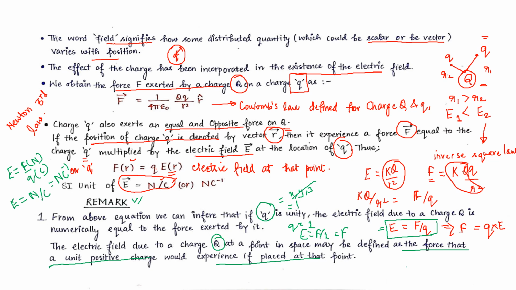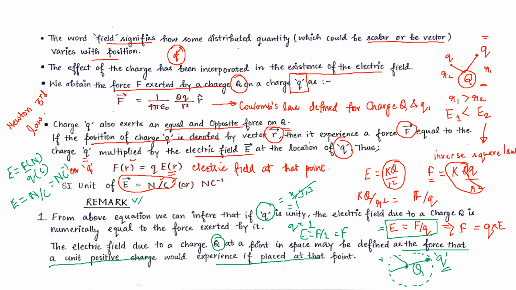So the electric field is defined on Q. Any unit charge placed at a distance r anywhere in the surrounding of this charge Q, a test charge, experiences a force, and the force a unit positive charge would experience is the electric field.